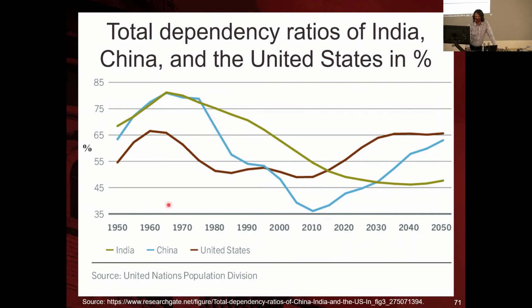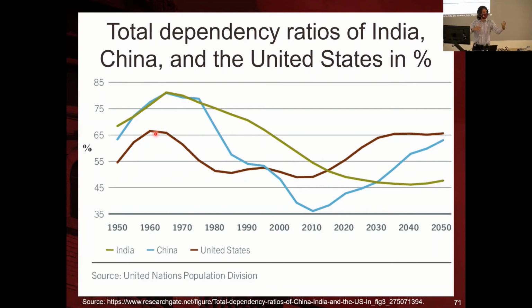So in the US, for example, the total dependency ratio increased in the 60s. Why that? We talk about this today. The baby boom cohort, right after World War II, you have an increase in fertility.